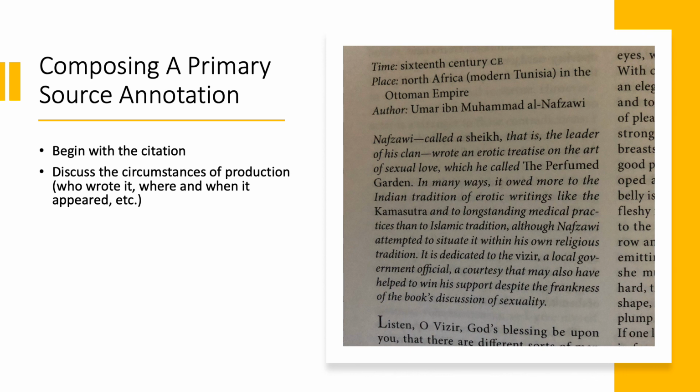In those cases, it just can't be stated with certainty. If that's the case for you, you can offer an educated guess by saying this source was likely written by a physician, or it appears to have been composed by a poet or something like that. You can give a rough sense of who the author might have been.